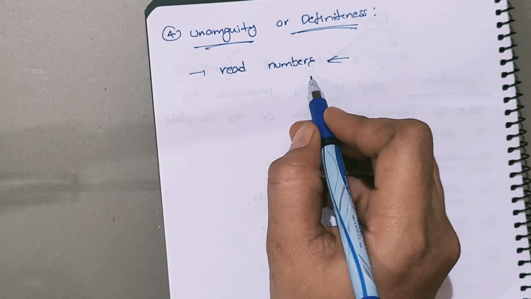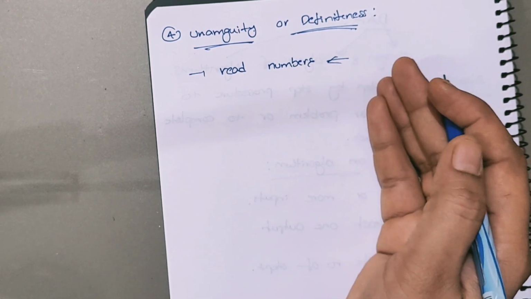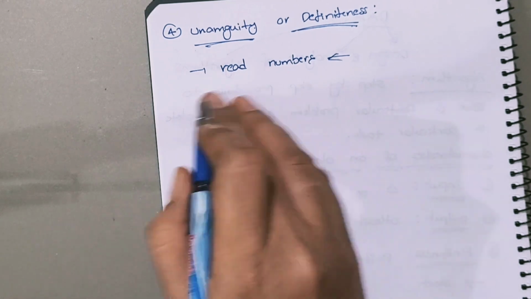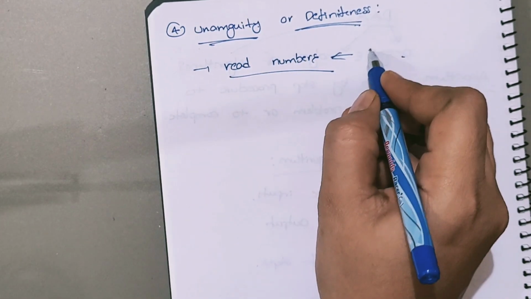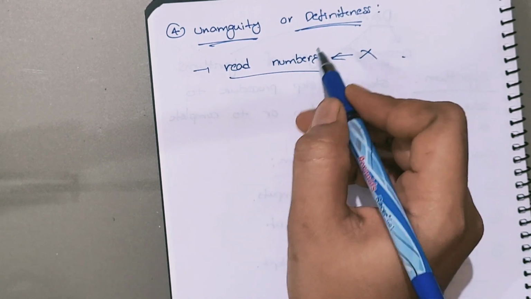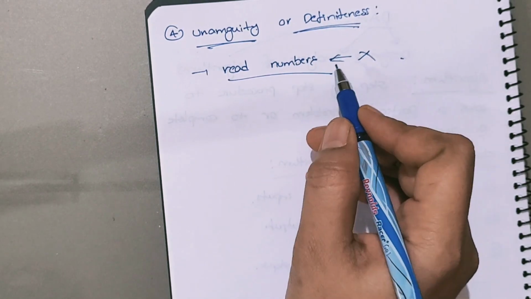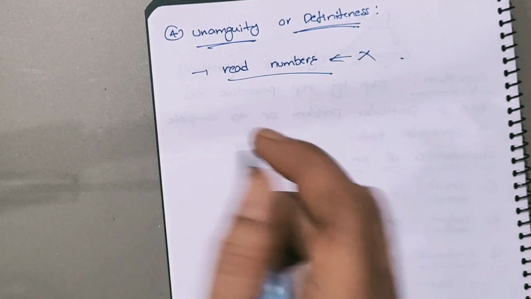Read numbers, but how many inputs do you have to read? Read one number, two numbers, three numbers, that you have to mention. "Read numbers", this statement is not clear, right? So like this, you should not write ambiguous or confusing statements in your algorithm.